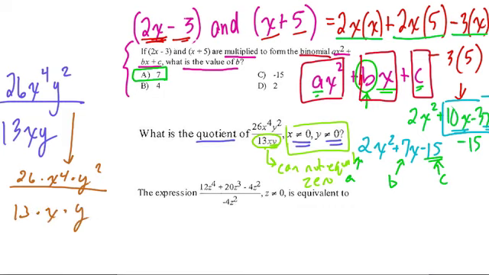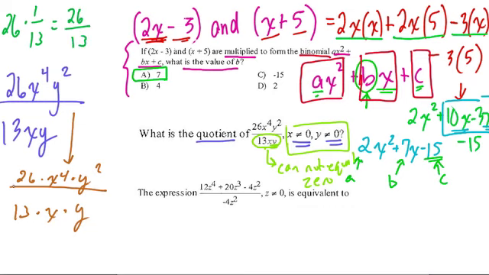Well, we can group these things, because we're multiplying. 26 over 13. Yes, that's division by 13, but you can also think of that as 26 times 1 over 13. If you think about that, 26 times 1 over 13 would end up equaling 26 over 13.